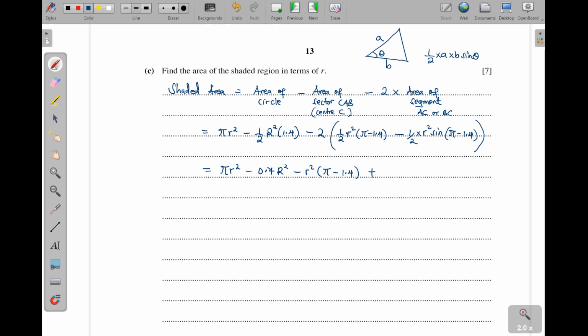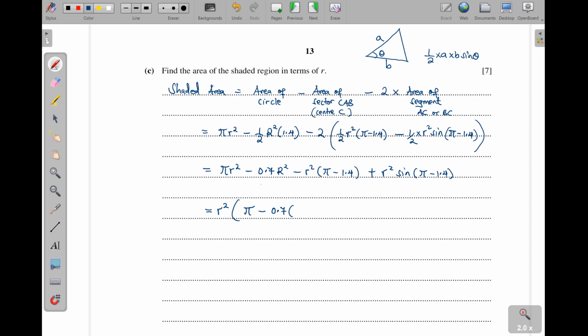So that will be a plus, then r squared sine of pi minus 1.4. Okay, then from here, of course, we know that this capital R here is given in terms of what? Of R. Okay, so I can actually factorize R squared out, and then I can have this one as pi, then minus, this will be 0.7, then times the value.